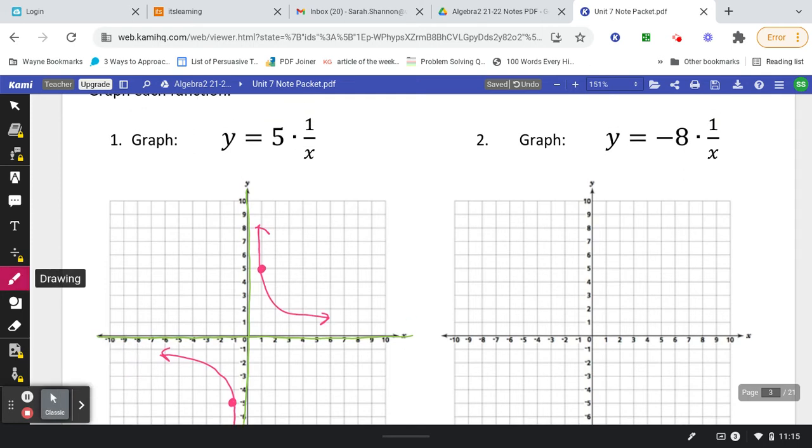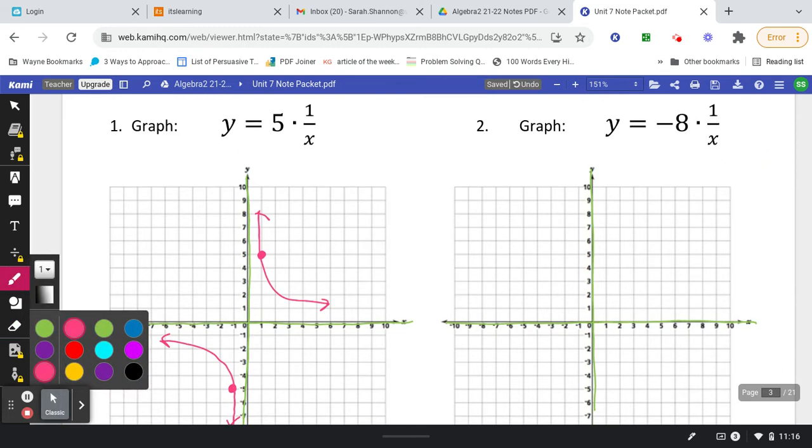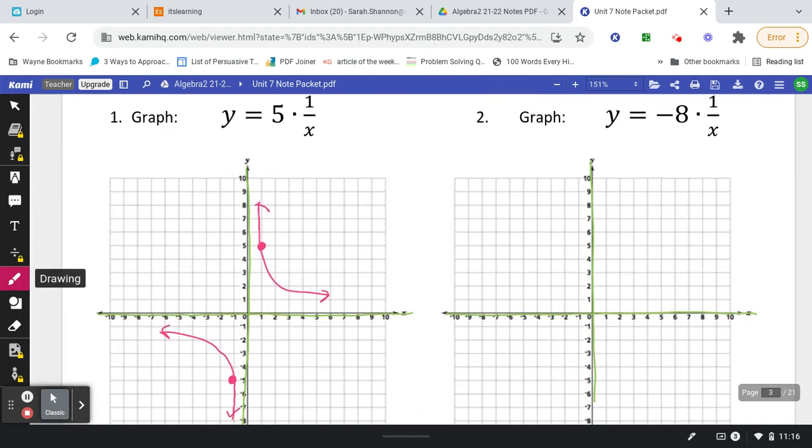Example number 2. No transformations. There's not a number next to the x right here, or there's not a number at the end. So the 8 is going to tell us to stretch it up to 8, put our point at 8, and then the negative is going to flip it around. So instead of being over here and over here, we're going to flip-flop that and put our graph here and here.